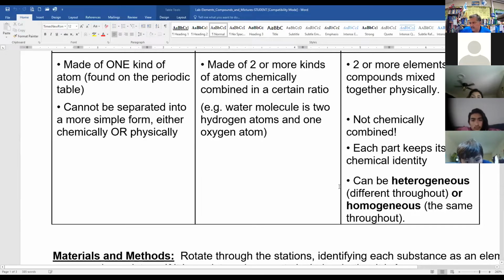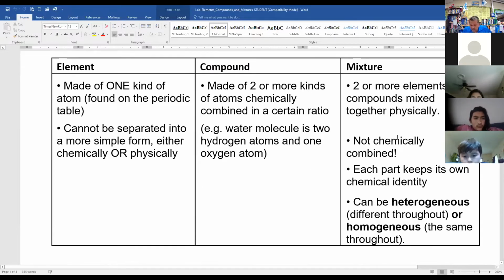Okay, all right, and you have the third thing, it's a mixture. It says a mixture is 2 or more elements or compounds mixed together physically. And these are not chemically combined. Each part keeps its own chemical identity. So you can separate them out somehow, but if you were looking at it and it looked like one uniform thing, we call that homogeneous.